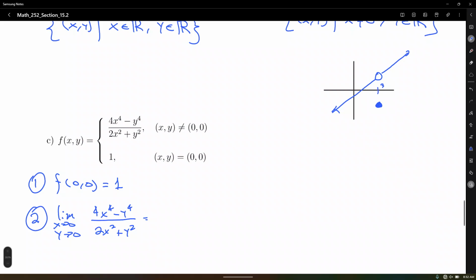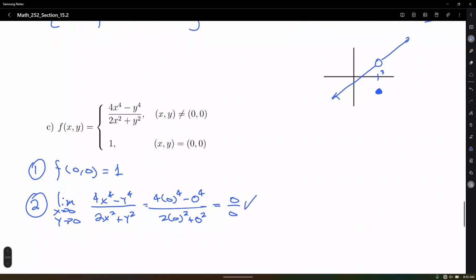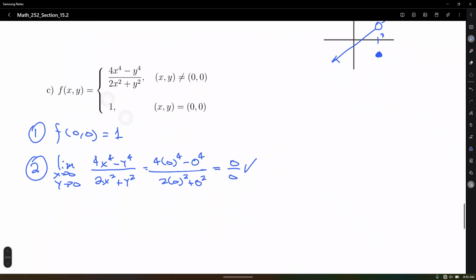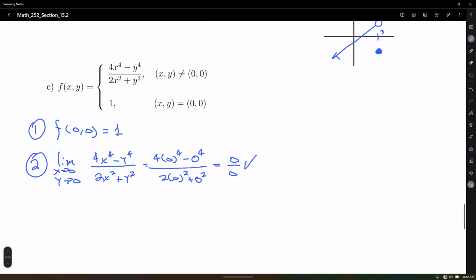That's going to give us 4 times 0 to the fourth minus 0 to the fourth over 2 times 0 squared plus 0 squared. That's for sure 0 over 0, which is good, because that means we can potentially do some algebra, or L'Hopital, not L'Hopital's rule in this case, because we don't have a repeating pattern like those limits from yesterday.